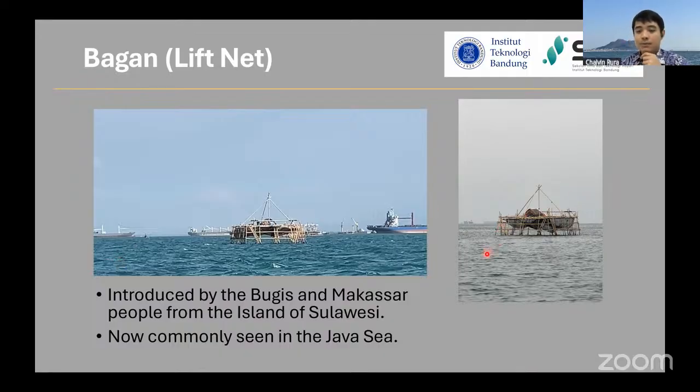So they will use the net to catch all those fish and shrimp and squid that are attracted by the bagan. But now it's already a common practice, especially in the Java Sea, because in the Java Sea the ocean depth is relatively shallow compared to the rest of the seas around Indonesia. So that's why they can construct bagan.